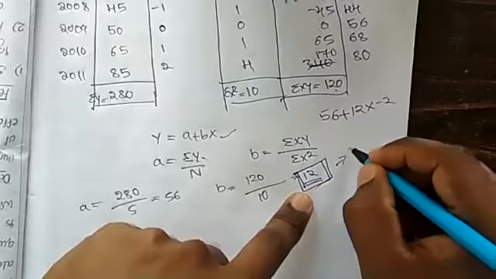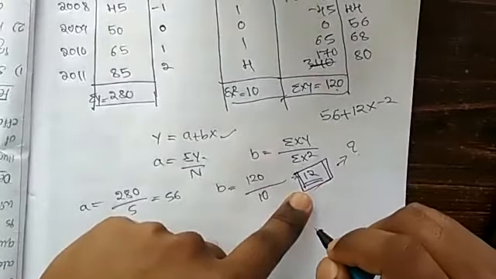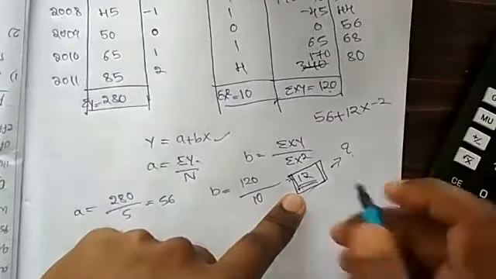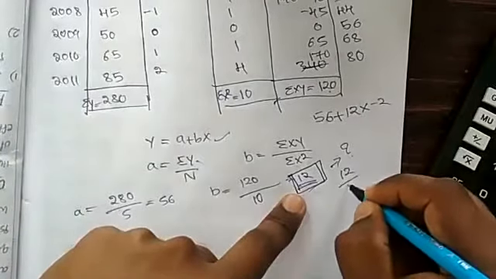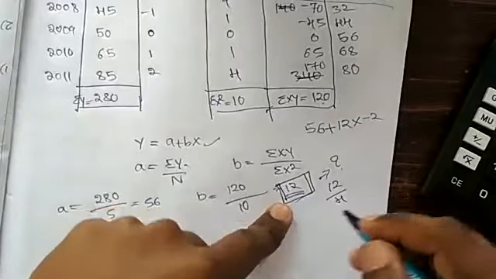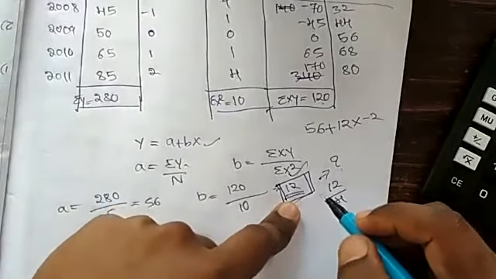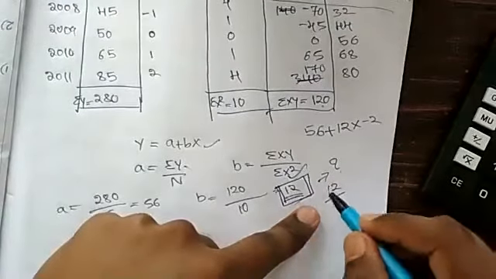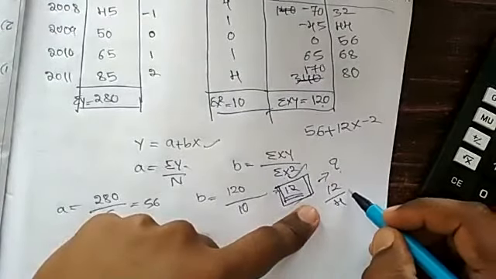Then what is the increment for quarter? What is the change for quarterly? 12 is divided by 4 to find out quarterly increment or quarterly change. This is the annual change, 12. Beta is nothing but slope. So what is the quarterly change? 12 divided by 4, quarter is nothing but 4.